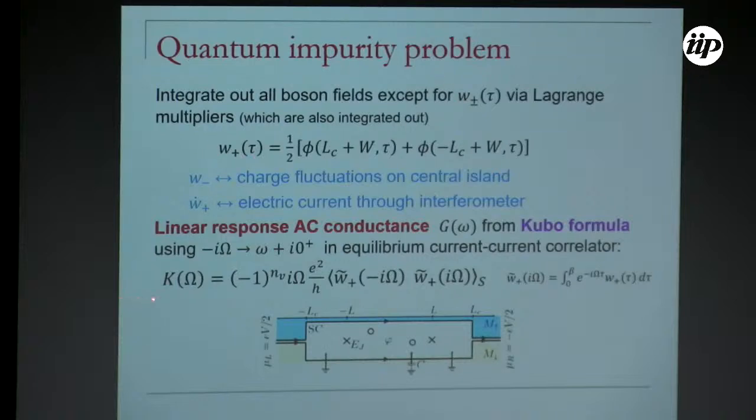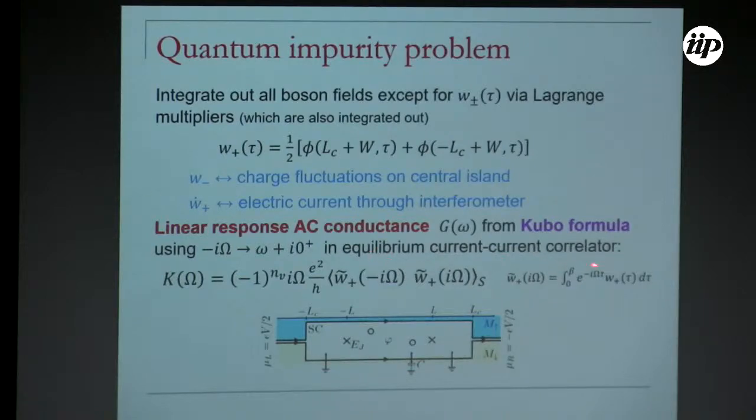And what you need to compute to get the AC conductance in linear response from the Kubo formula is the equilibrium current-current correlation function, K of omega, for Matsubara frequencies omega, and then finally you will do an analytic continuation into the real plane with a positive imaginary part.